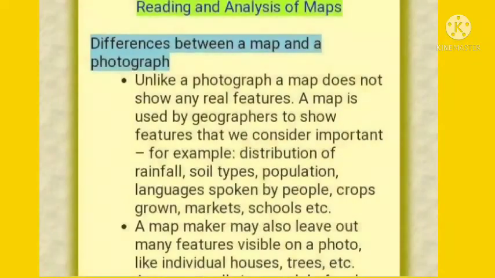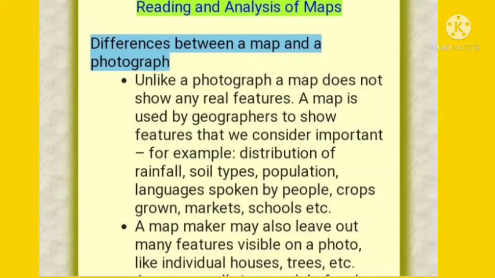See these points. Reading and analysis of maps. Differences between a map and a photograph. Unlike a photograph, a map does not show any real features. A map is used by geographers to show features that we consider important.